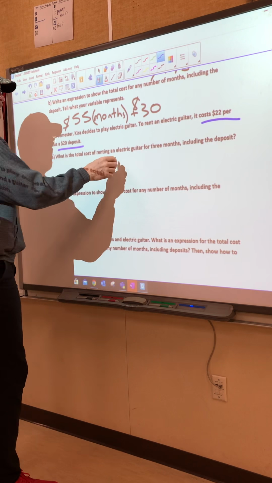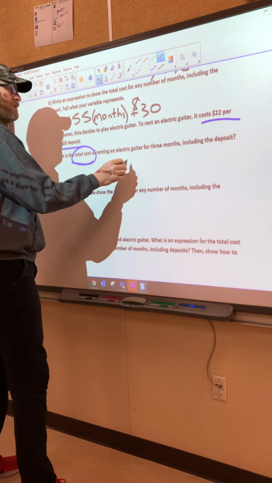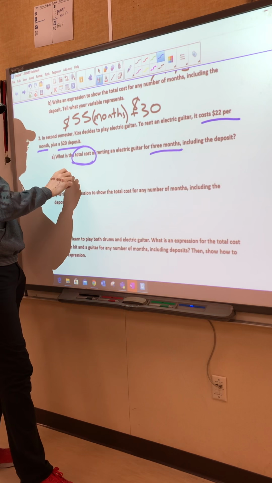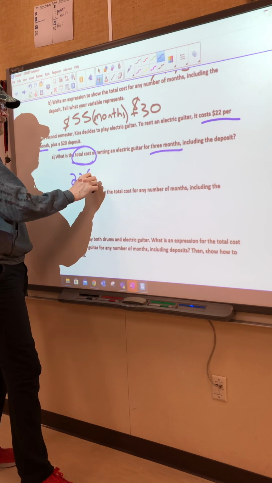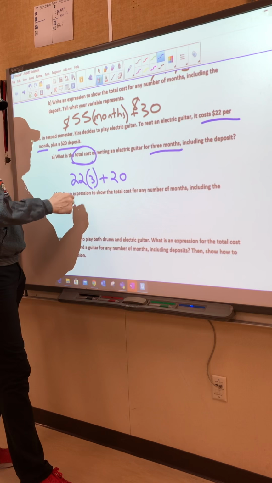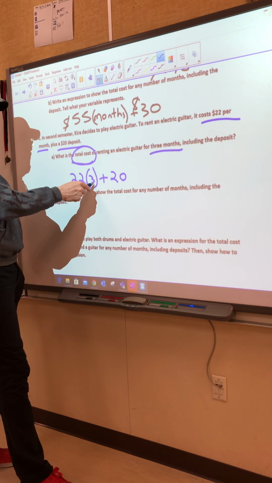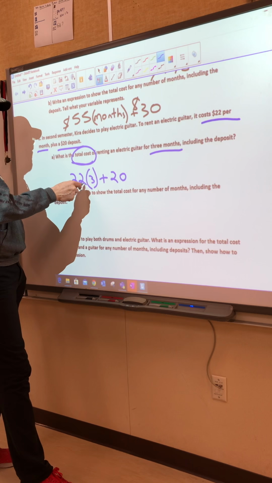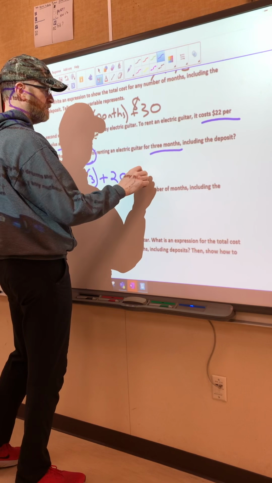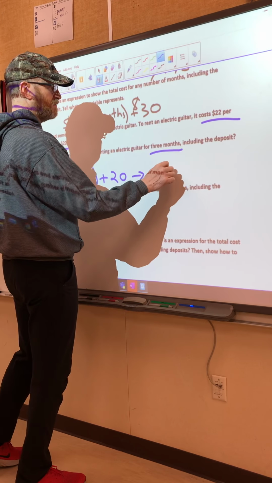Total cost of renting an electric guitar for 3 months, including deposit, so same as before. 22 multiplied by 3 plus 20. 20 times 3 is 60, plus 2 times 3 is 6, so $66 plus 20 is $86.